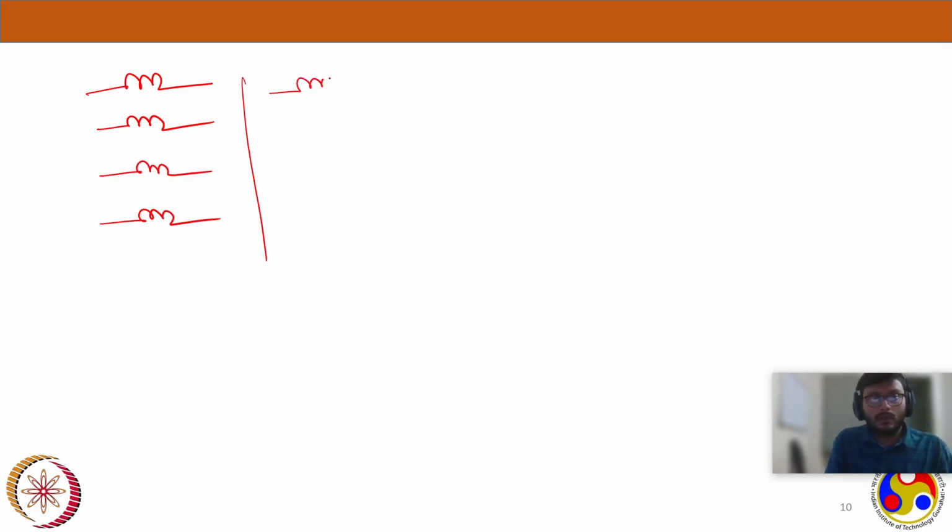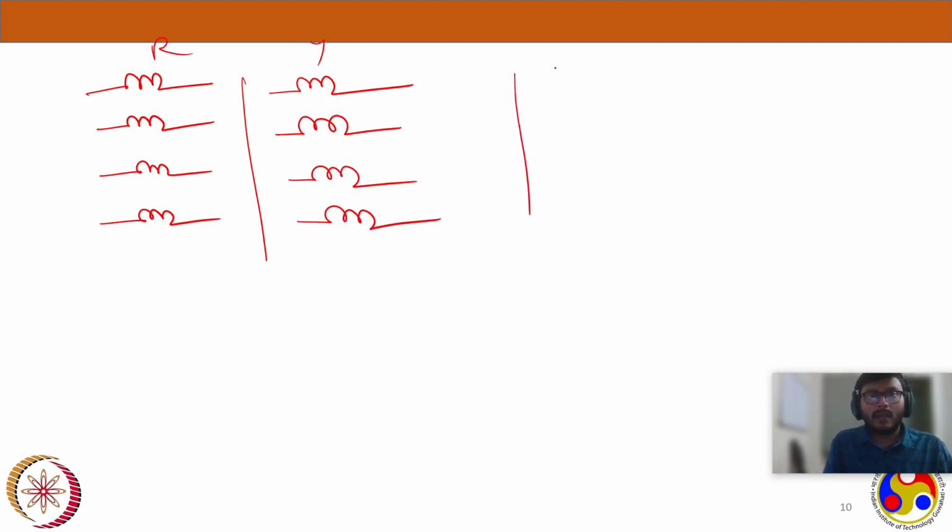This one. So this is under R, this is under Y, and this is under B phase. Now this one we got 1 and 7 dash, 2 and 8 dash. And what is this number? And what is this number? So these two are under north pole and these two are under south pole.